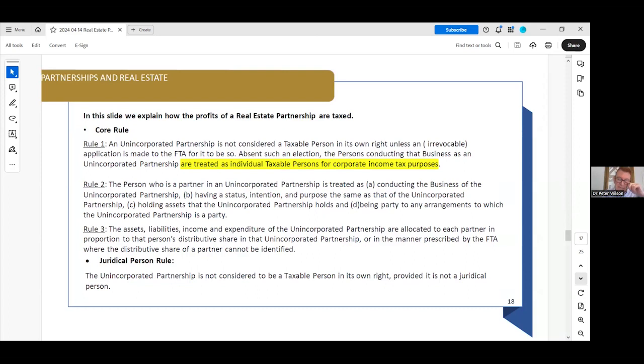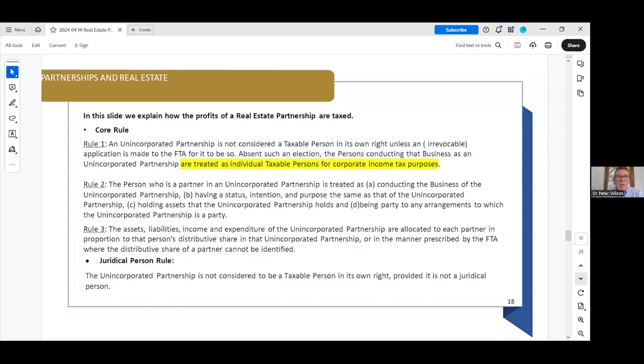So if we had 3 individuals all carrying on, all partners in an unincorporated partnership, then presumably that partnership could have a turnover of up to 3 million, because each of the partners would have their 1 million. So we could be looking at exempt income if we had an unincorporated partnership that wouldn't exist if we had a company.